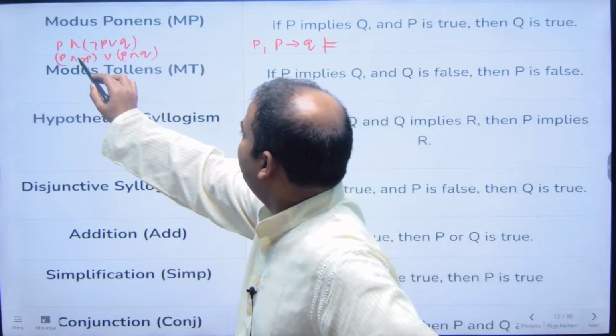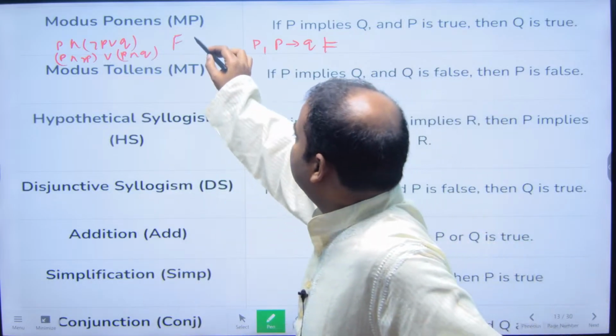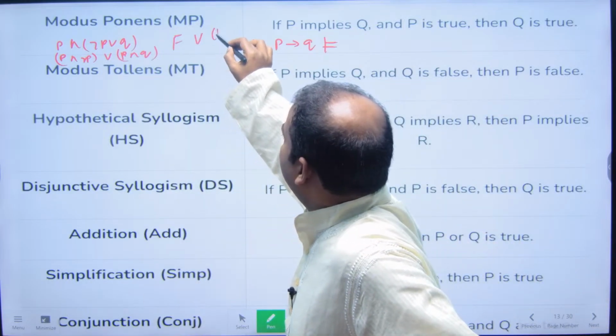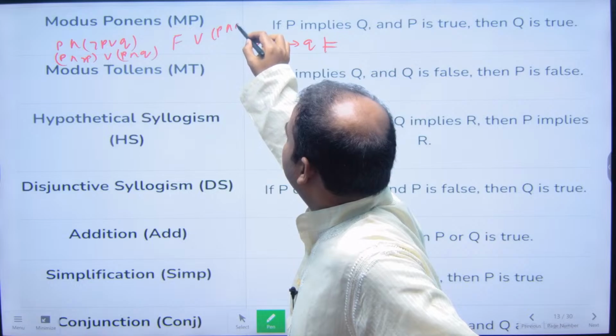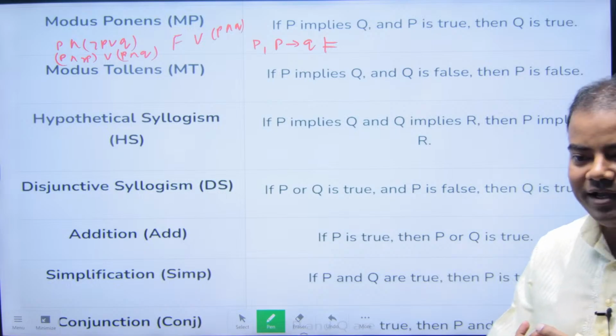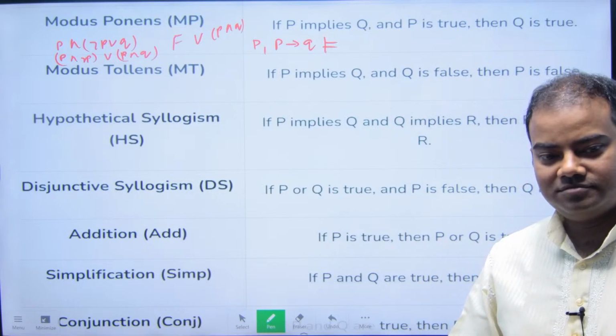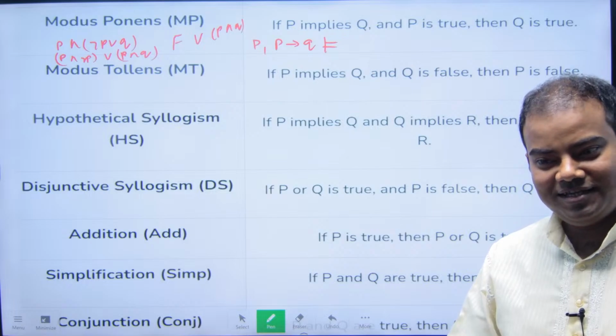So this is false. False or P and Q. False or anything is what? False or anything is false.